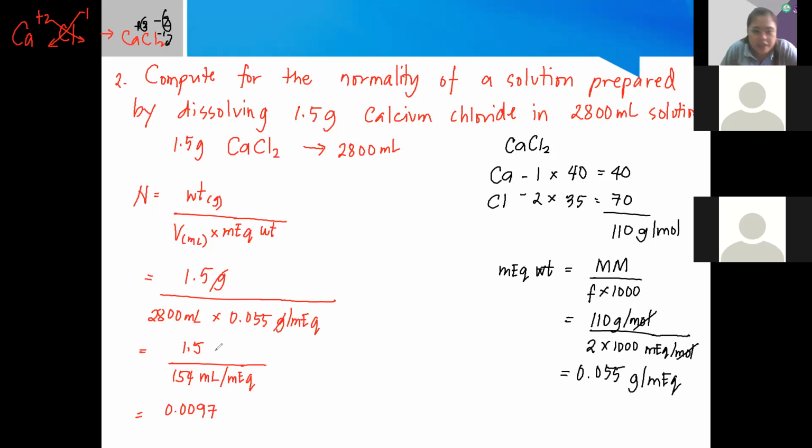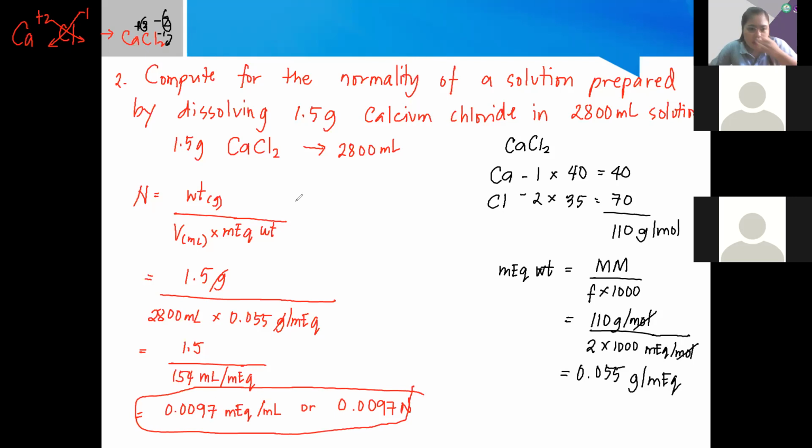Sabi ko kanina 4 decimal places. 1, 2, 3. Yeah, 0.0097. And then let's get the reciprocal. This is MEQ per ml. Or you can simply write 0.0097 and then capital letter M. So this is the correct answer.